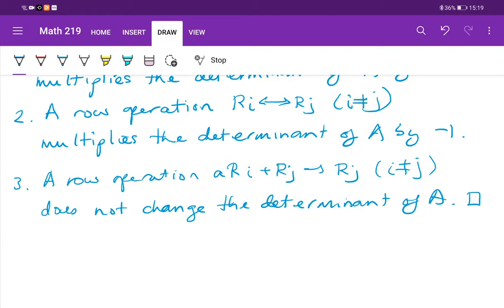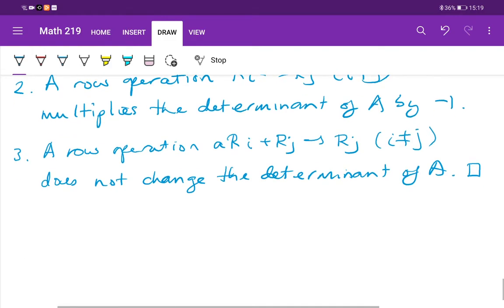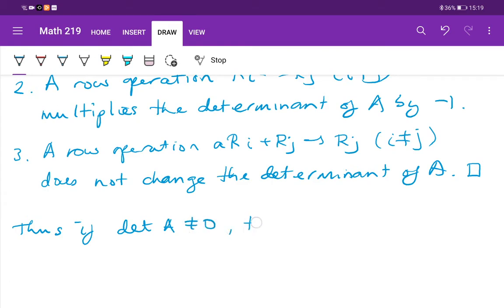So we will note from this theorem that if the determinant of A is non-zero to start with, it will remain non-zero after a sequence of elementary row operations.